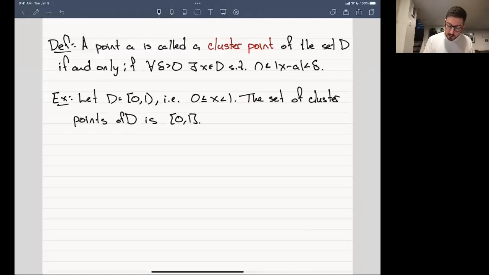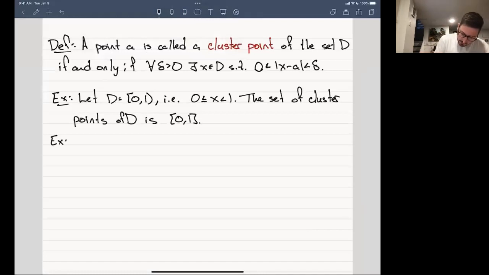The interesting aspect of this is that you've sort of closed off the domain and included 1. And this might be easy to see, right? Because again, the definition of a cluster point says I don't actually have to be at it. I have to be able to get close to it. But of course, since X is less than 1 here, you can get as close to 1 as you want without actually being at it. So that's the sort of intuition here.